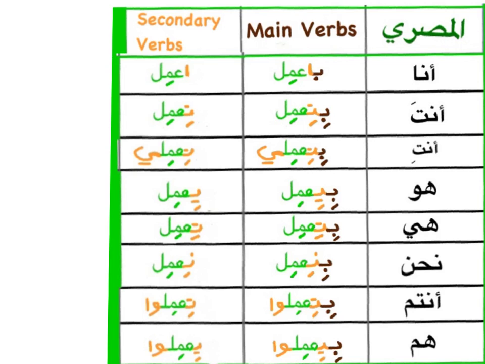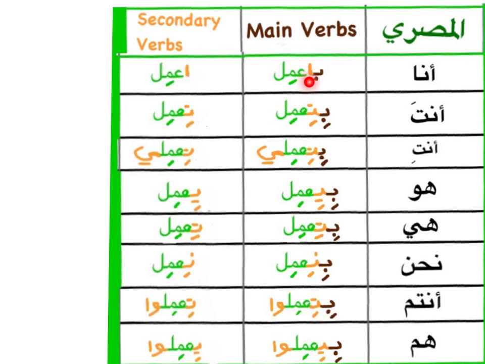Notice that in Masri, you have what we call main verbs and secondary verbs. And the distinction is main verbs in the sentence have ba in them. As in, أنا بعمل, أنت بتعمل.